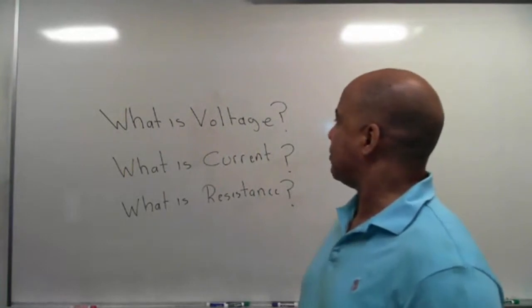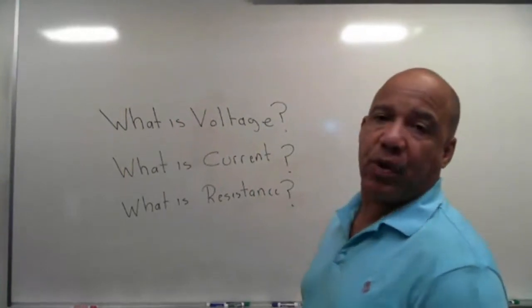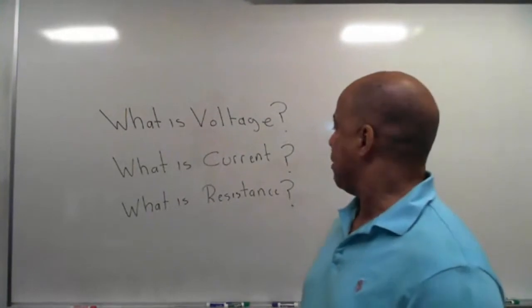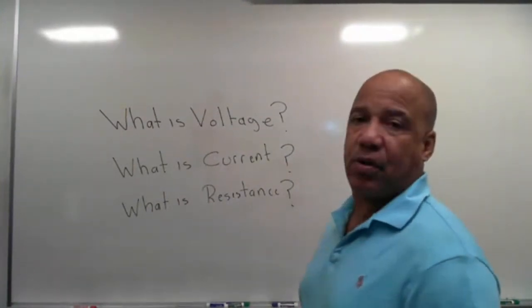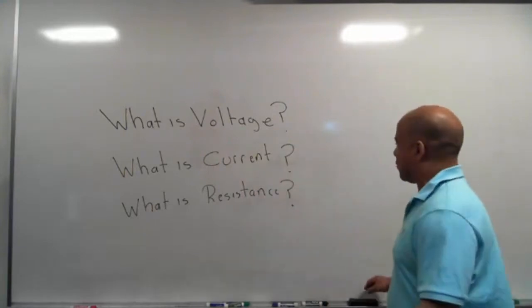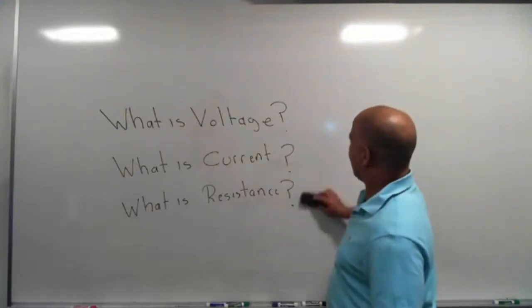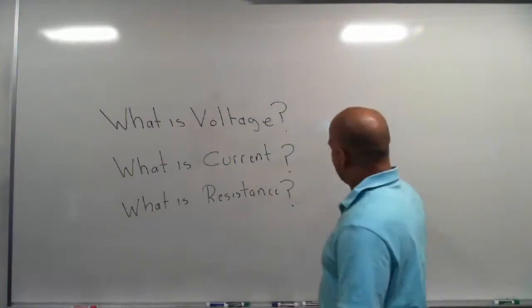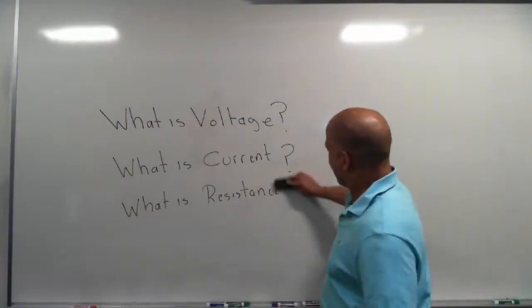So I want to spend some time talking about the nature of voltage, the nature of current, and what we mean by resistance. Hopefully, if we can get through everything tonight, you'll be able to answer these three questions by the end of the night. If not, it might roll over to the next lecture, but we'll see.